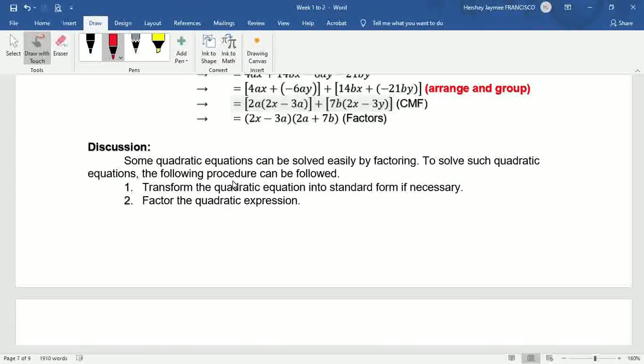As I already said, our topic is solving quadratic equation using factoring. So, meron tayong mga procedure. First procedure is ita-transform mo daw yung equation in standard form. You should remember yung ax squared plus bx plus c is equal to 0, na tinatawag nating standard form. Ito ang unang step sa pagsosolve ng quadratic equation using factoring.